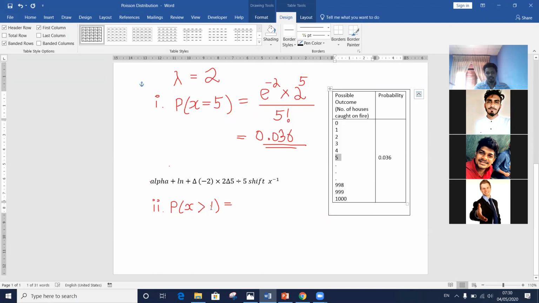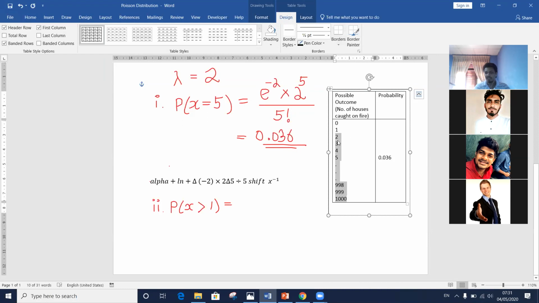So in this, what we need to find is the probability that more than one house will catch fire, x being greater than 1. So which values do we need? 2, 3, up to 5 and onward. From this point onward, we need to consider the sum of the probabilities for each outcome.